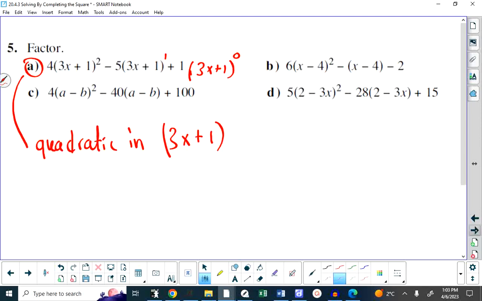It's because the first term contains 3x plus 1 to the 2, the second term contains 3x plus 1 to the 1, the last term contains 3x plus 1 to the 0. This is just like factoring that.